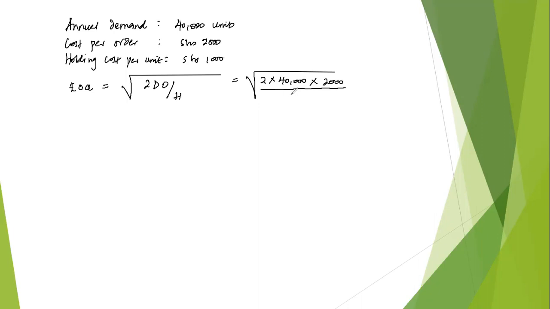We divide this by the holding cost per unit, which is 1,000. And this gives us an EOQ of 400 units. That is our EOQ, 400 units.